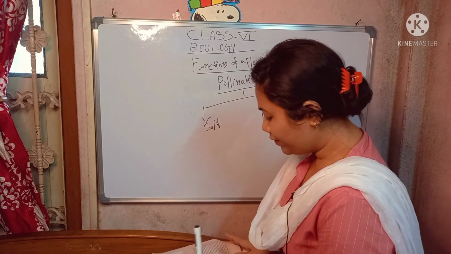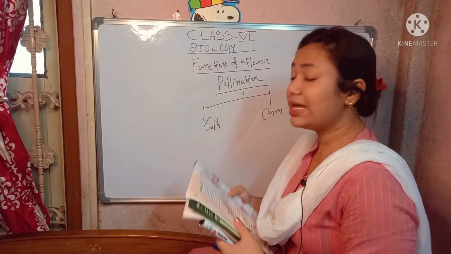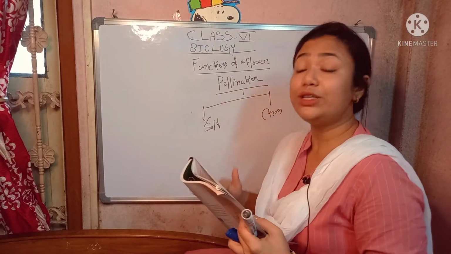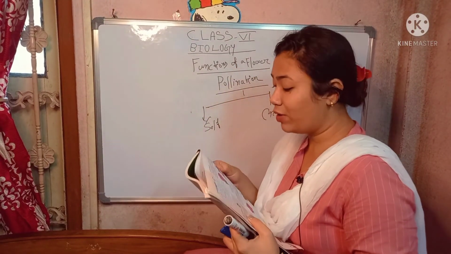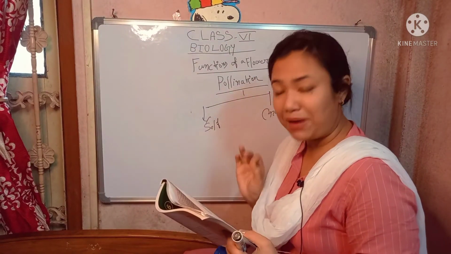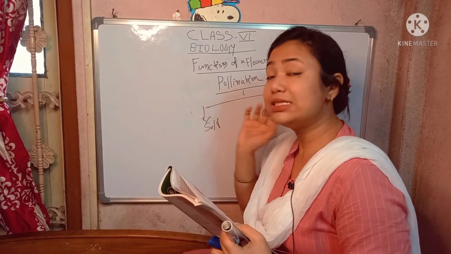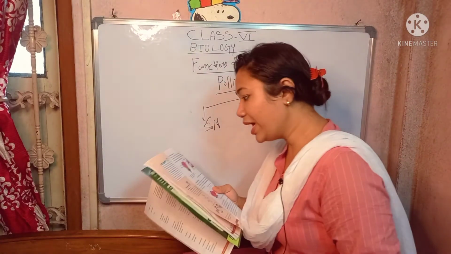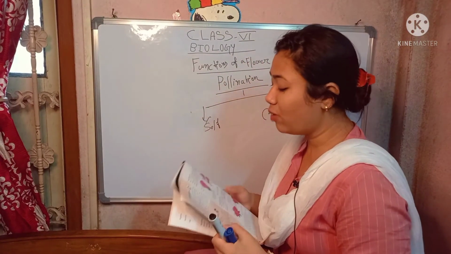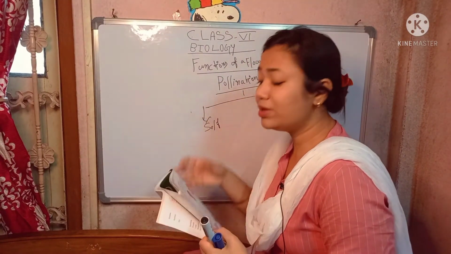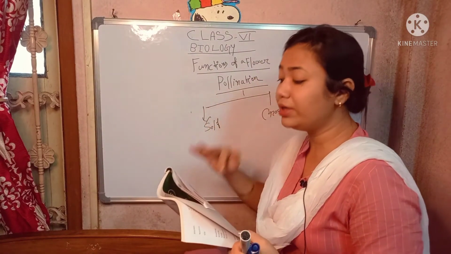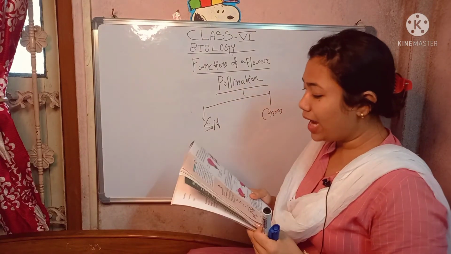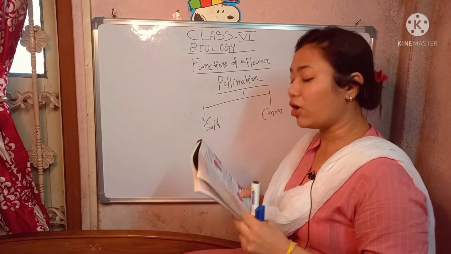Now we will be discussing self-pollination. When the pollen grains from an anther of a flower transfer to the stigma of the same flower or another flower of the same plant, it is termed as self-pollination. Self-pollination occurs naturally.